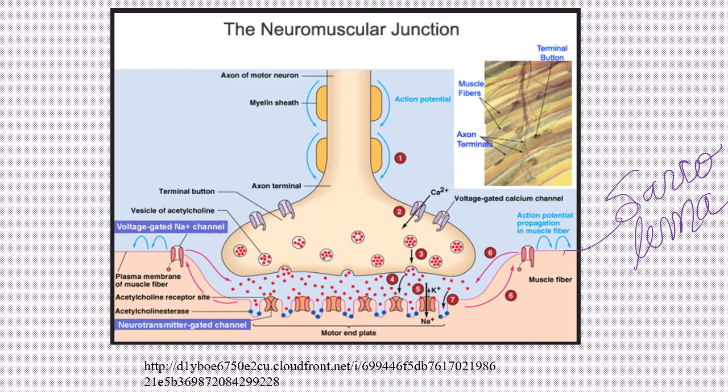Here's your neuromuscular junction or complex. Again, this is showing what would be a dendrite on another neuron. You can see we have the acetylcholine receptor sites. Those are usually on dendrites on neurons, but with the muscle cells, they're just little embedded proteins in that sarcolemma or plasma membrane of the muscle cell.